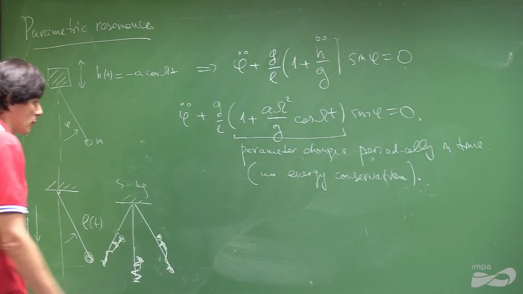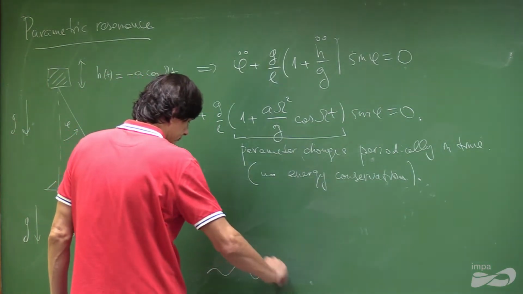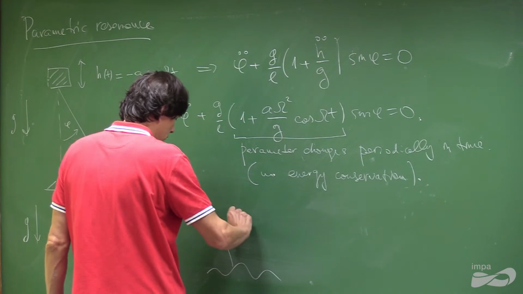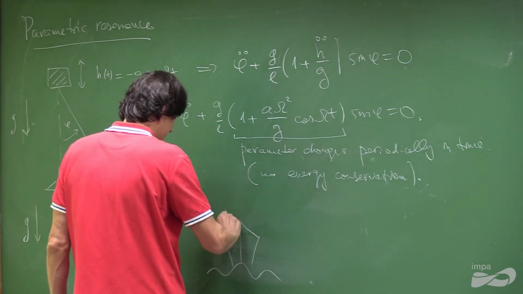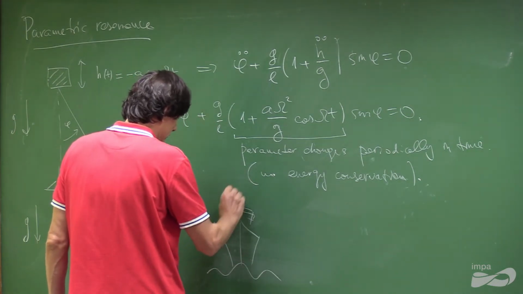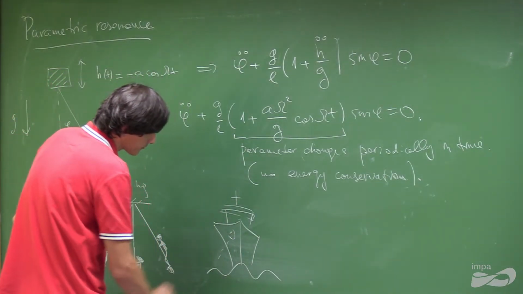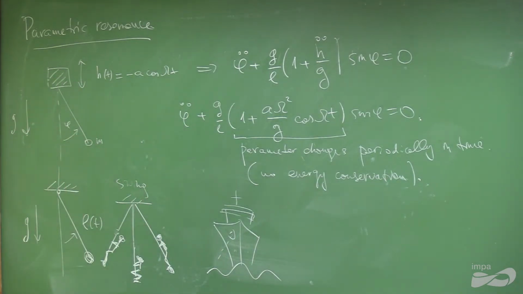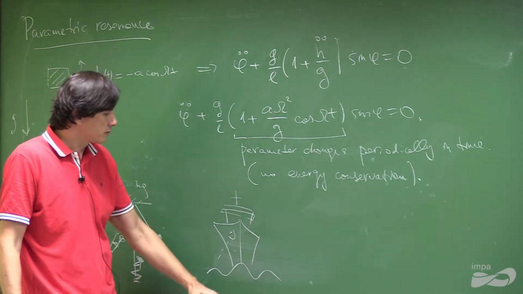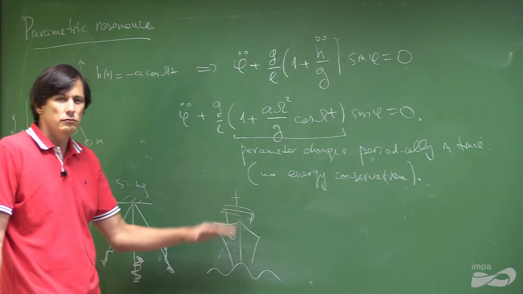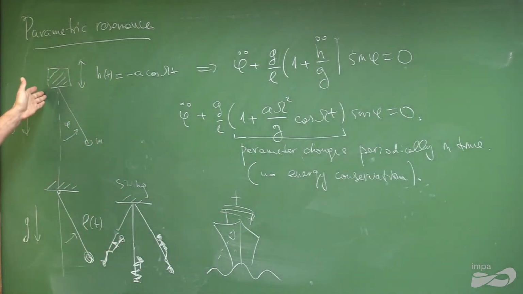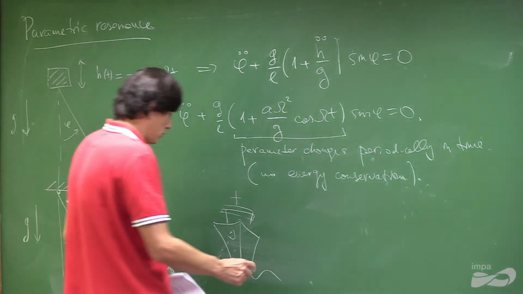And then there are many other applications. For example, ships, when they go on waves, the big waves just put them up and down, right? So that's a kind of direct realization of the pendulum with a moving support in more complex form.